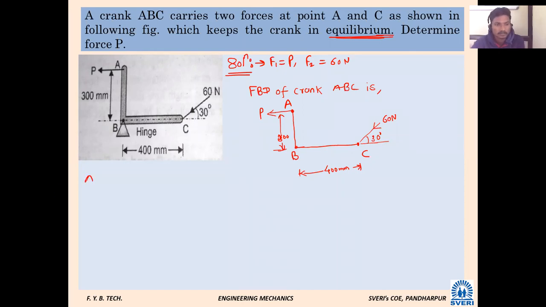The body is acted on by force P, and we are supposed to determine force P. As the body is in equilibrium, suppose we apply summation Fx equal to 0.